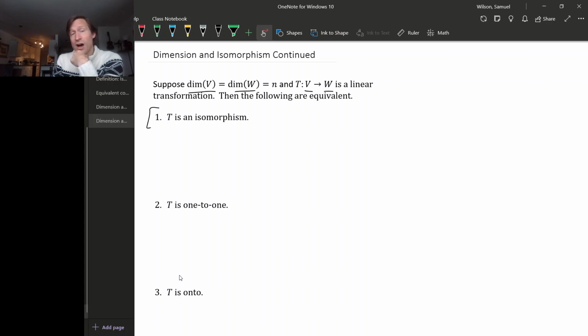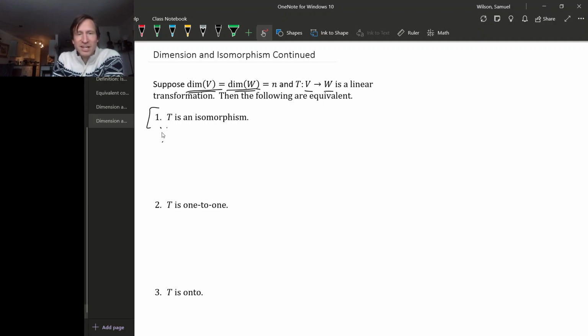This is not at all obvious because we know that having an isomorphism is the same as being one-to-one and onto simultaneously, but what we're saying here is you really only need to know one or the other. If these subspaces have the same dimension, you really only need to know one. You get the other one for free without any extra work.